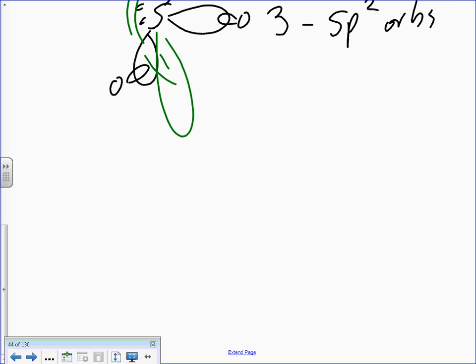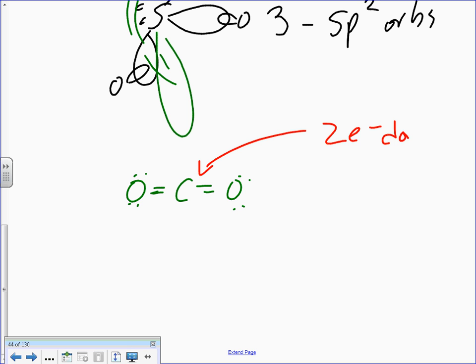What about if I have something like this? How many electron domains on carbon? Two electron domains. Two electron domains bring together two atomic orbitals. What two atomic orbitals do you think are going to be coming together? Earlier I said S, P, P, P, that made sp3.